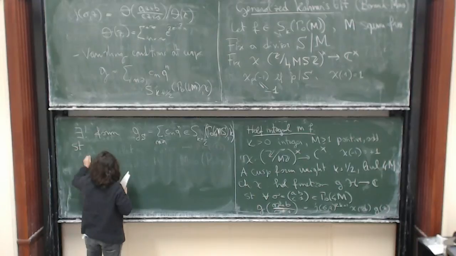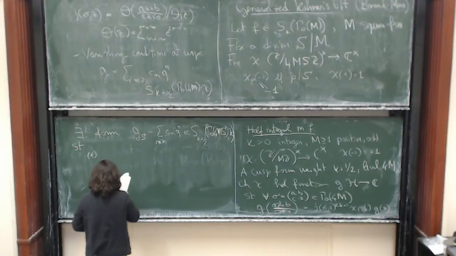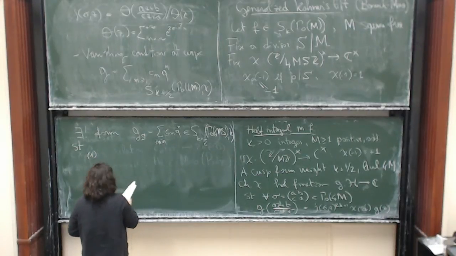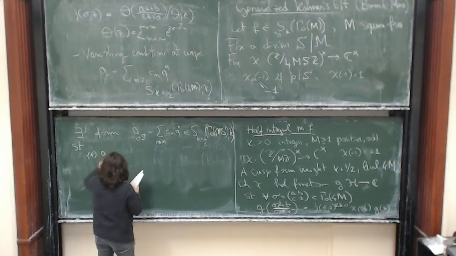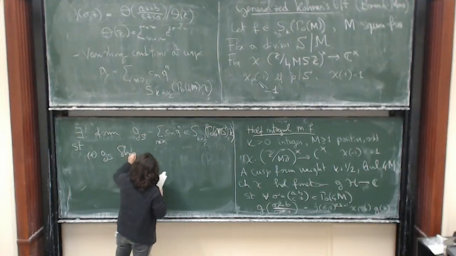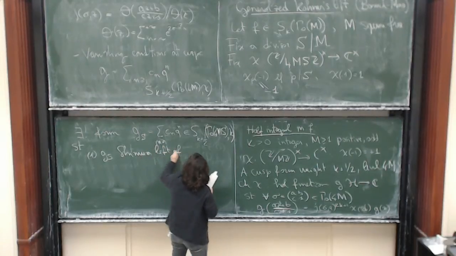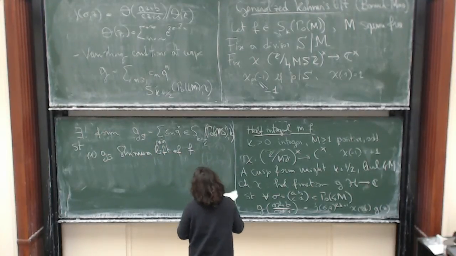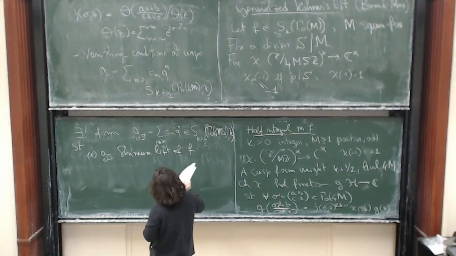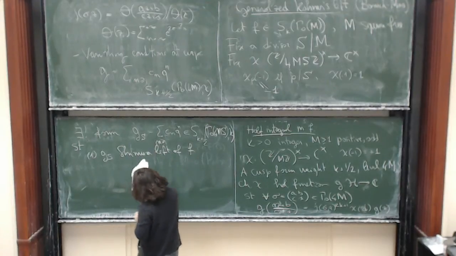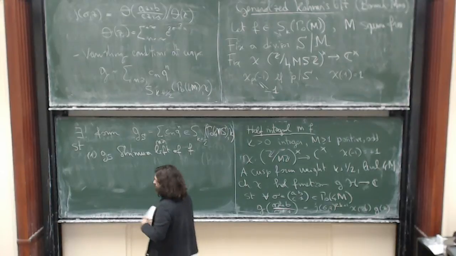the following is true. The first thing is that g_S is a Shimura lift of f. By this we just mean that g_S has the same eigenvalue as f under the action of the Hecke operators.